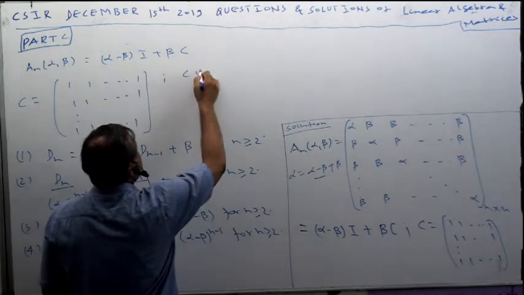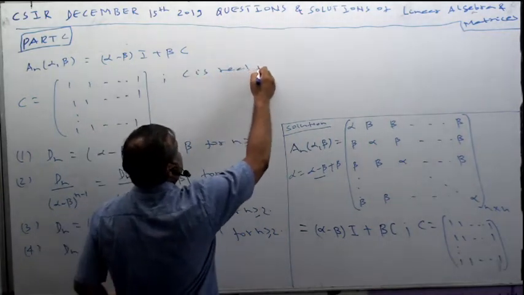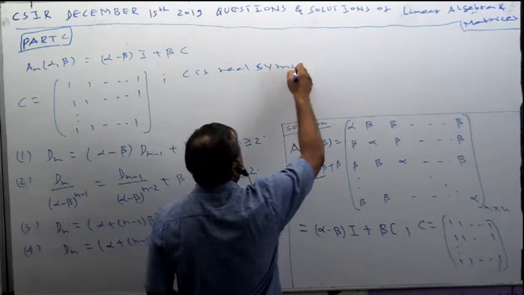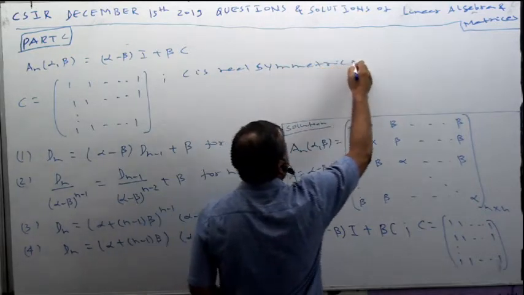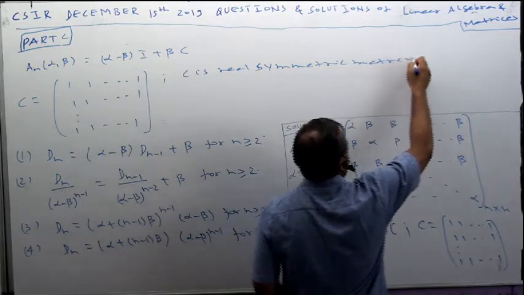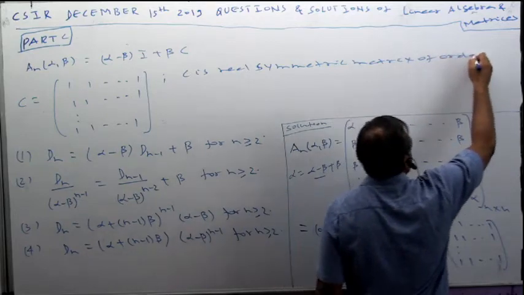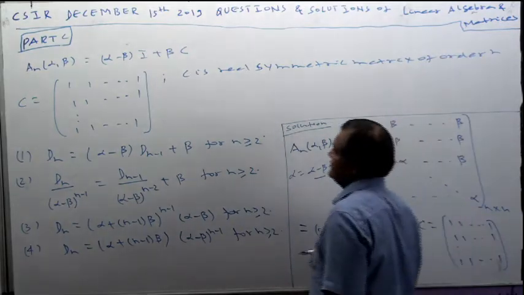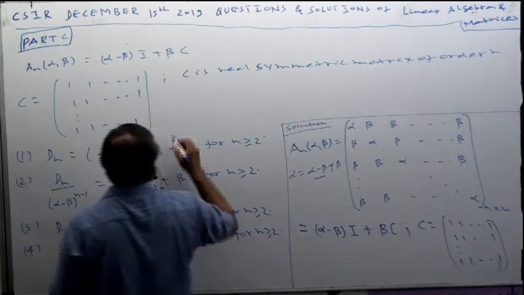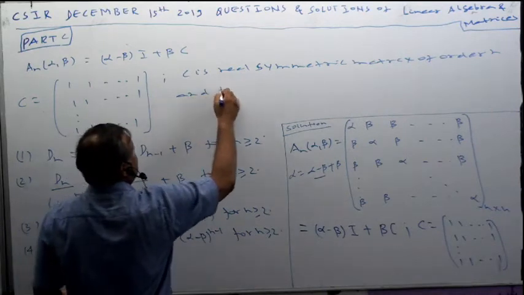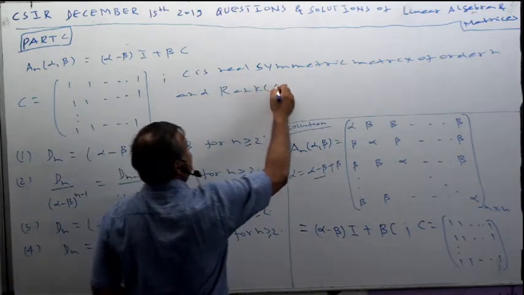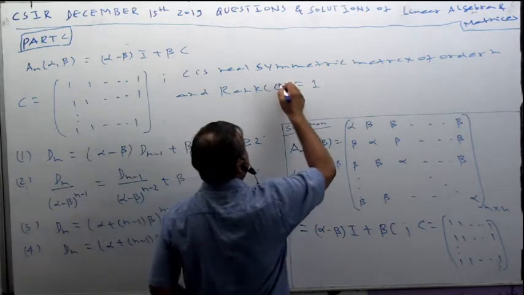Here C is a real symmetric matrix of order n, and rank of C is equal to 1.